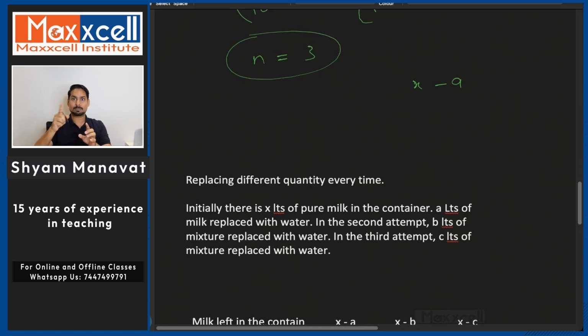Replacement means when you remove and add it again, and divide by X. That's the ratio of the initial content left now divided by total.